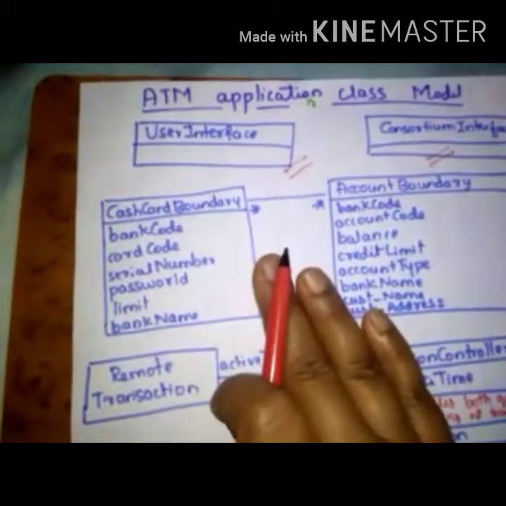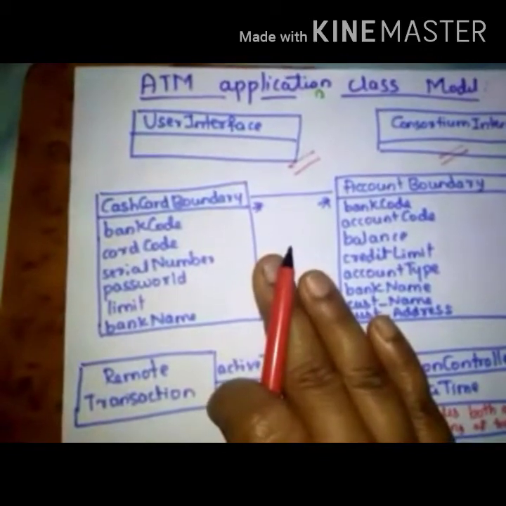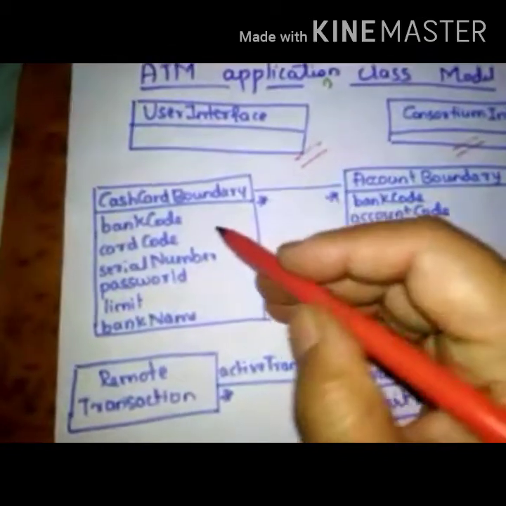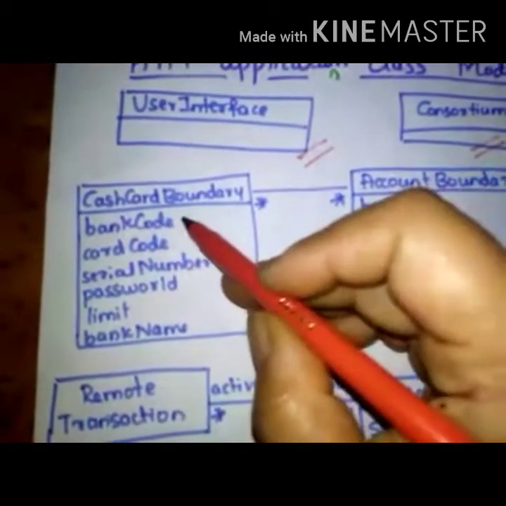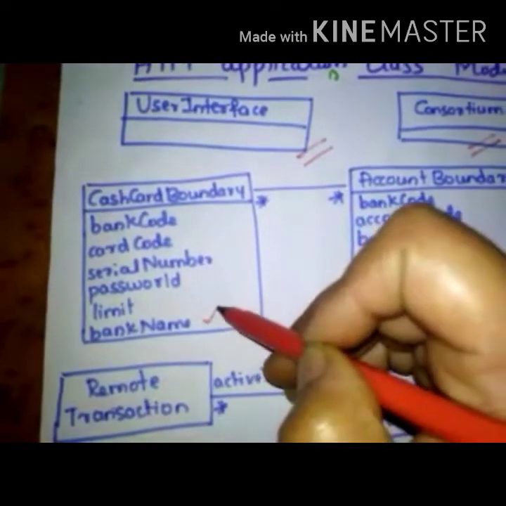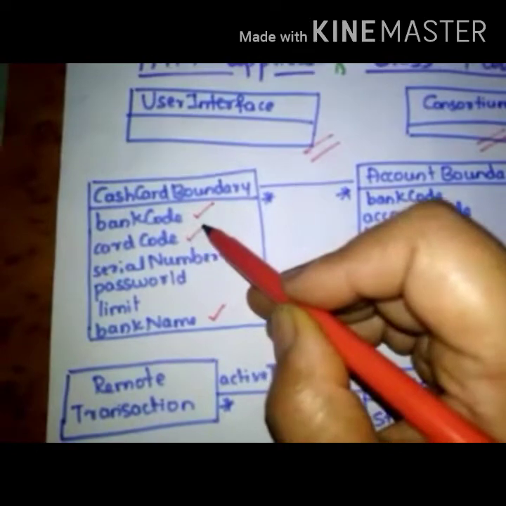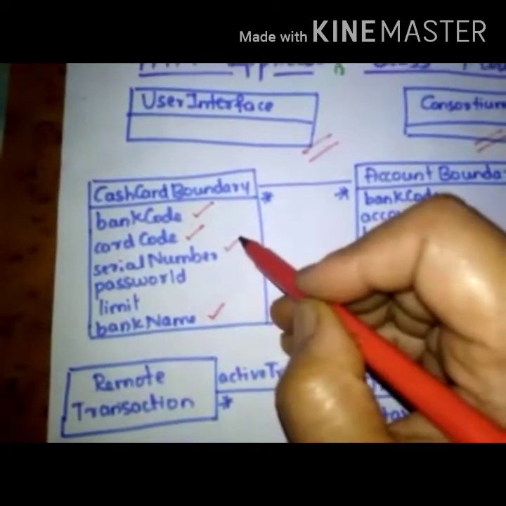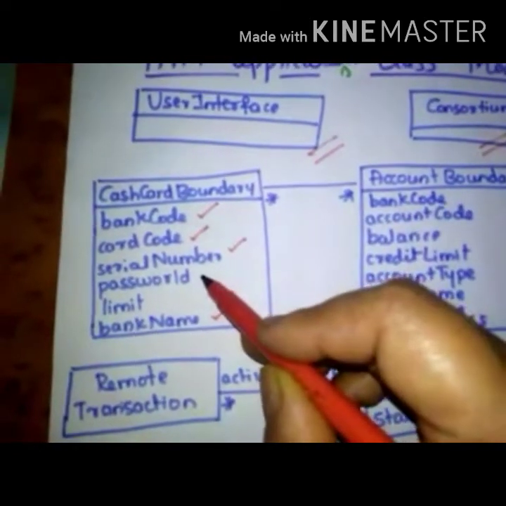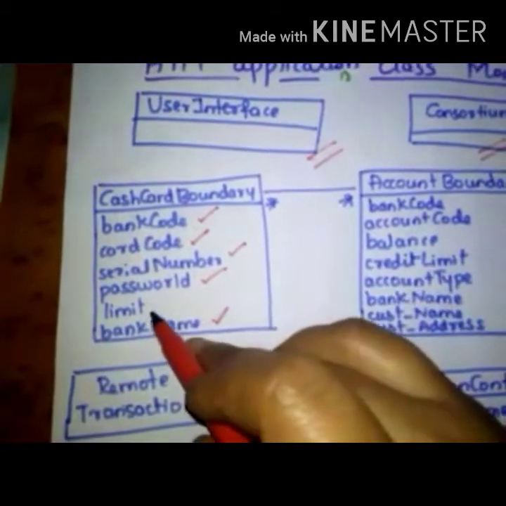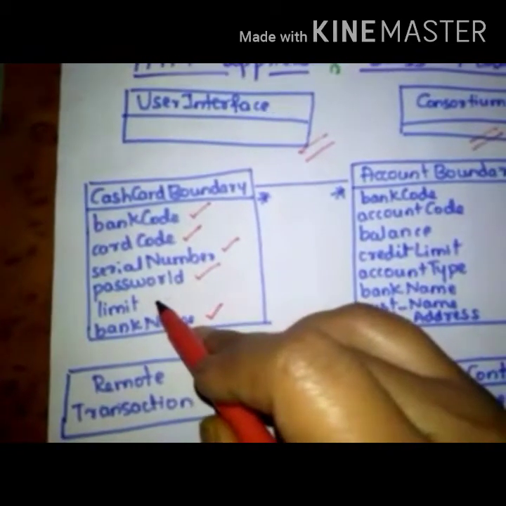The cash card boundary has attributes like which bank the cash card belongs to, what is the code of the bank, what is the code of the card, what is its serial number, what is the PIN or the password, and what is its limit, right?